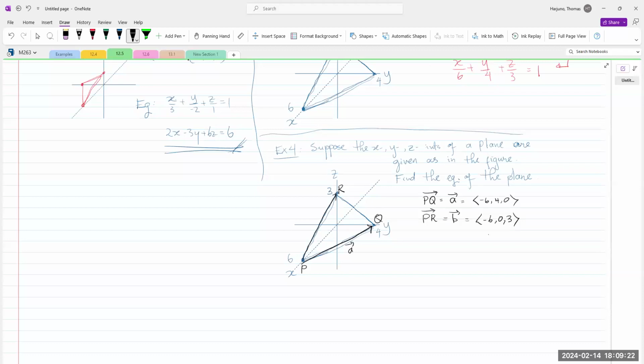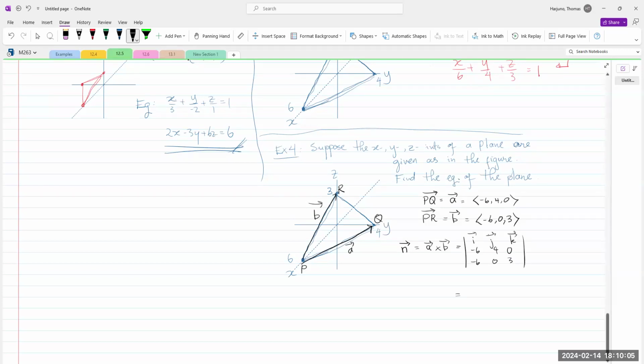Okay, notice that the vector normal to the plane must be normal to PQ, must be normal to vector A, and must also be normal to vector B. So I can set my normal vector to be A cross B. Right? Think about it. That's one of the vectors normal to the plane, which is the determinant with i, j, k, and then negative 6, 4, 0, negative 6, 0, 3.